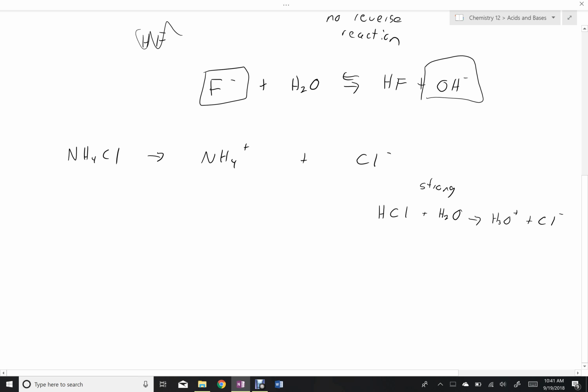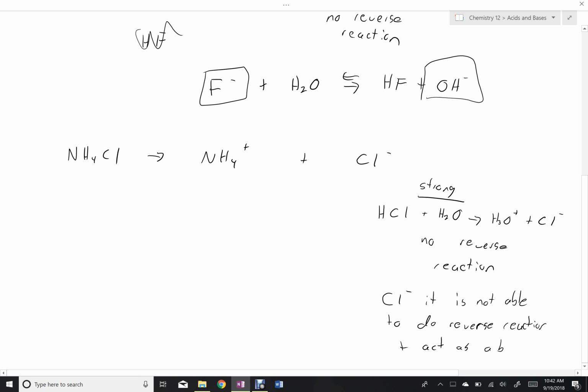And because it's strong, there is no reverse reaction. So that means if Cl- is introduced into water on its own, it is not able to do the reverse reaction and act as a base.